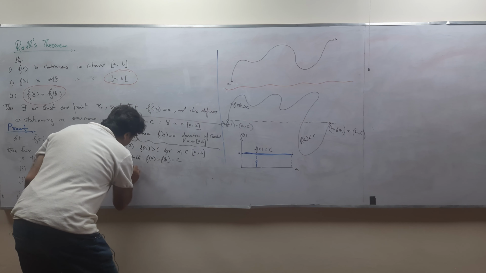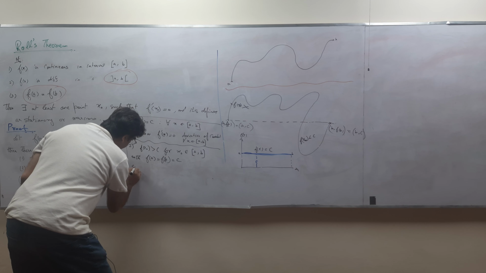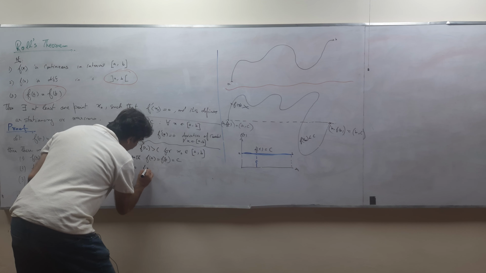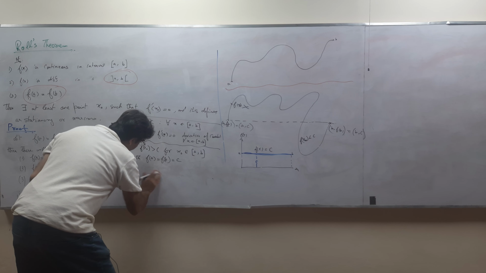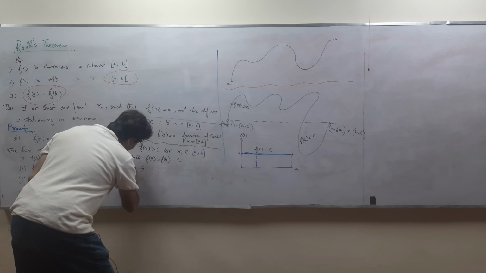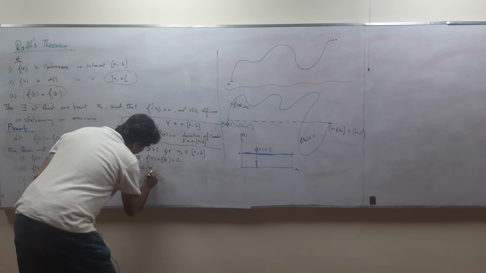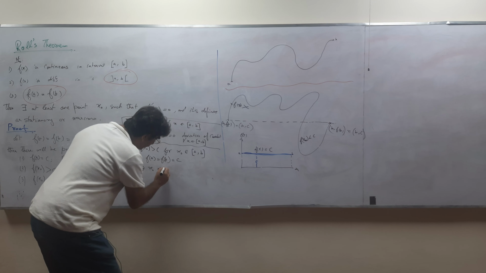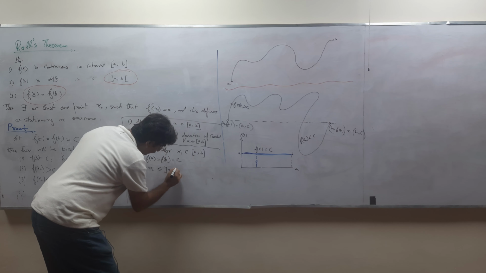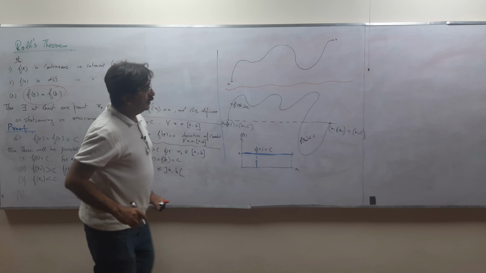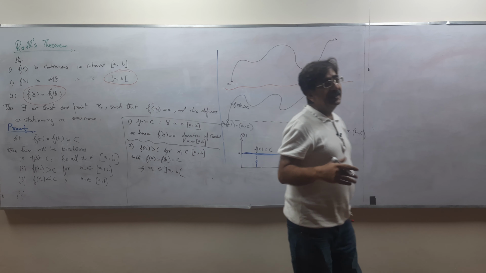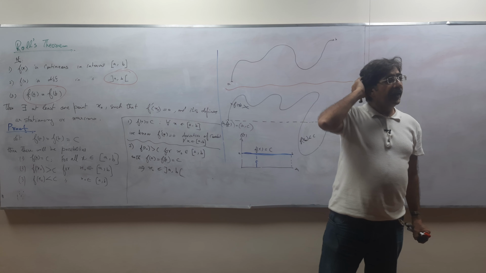So this implies that x naught will be in (a, b), excluding the boundary, anywhere between them.